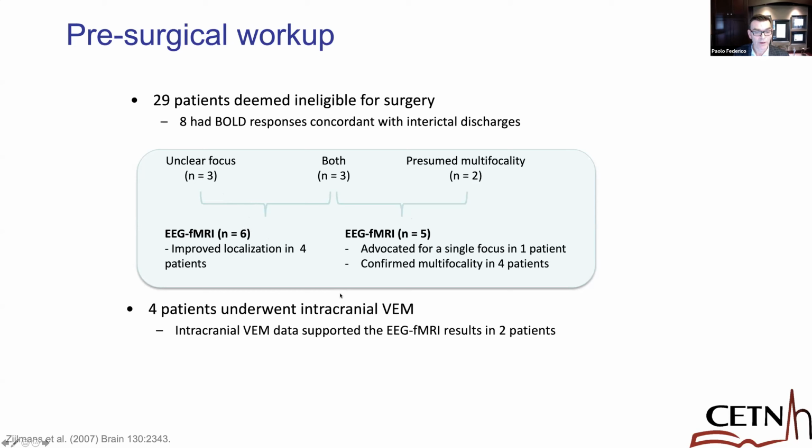All 4 of them, I should say, underwent intracranial video EEG monitoring, and those data supported the EEG-fMRI results in 2 patients who underwent surgery with a good post-surgical outcome. So even though it's not a great result, out of 29 patients that were deemed ineligible for epilepsy surgery, going through this process resulted in surgical cure for at least 2 patients.